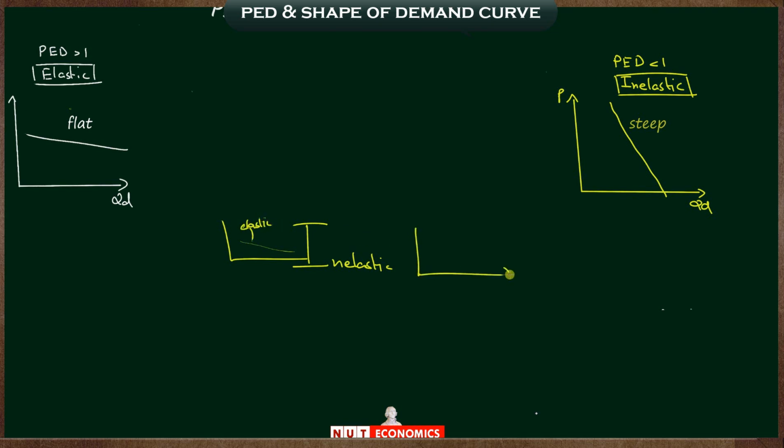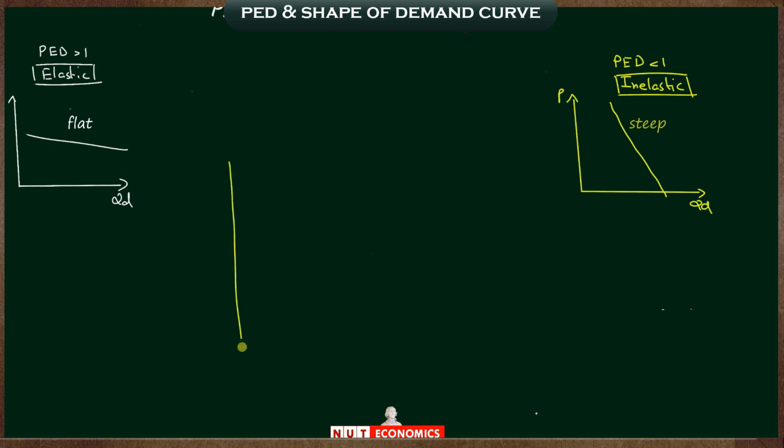Whereas a steeper demand curve looks much more like an I. So the more steep your demand curve is, the more like an I it is, the more inelastic it is. So that's an easy way of reminding yourself that steep means inelastic demand, flat means elastic demand.